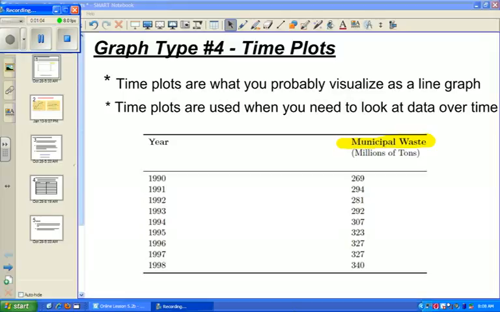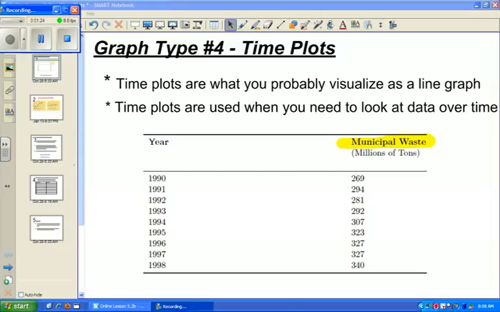Now, with time plots, you have to be very, very careful. I believe this is a very important lesson for you to learn in this class, because one of the goals is to make you a smart reader and a wise analyzer of data.